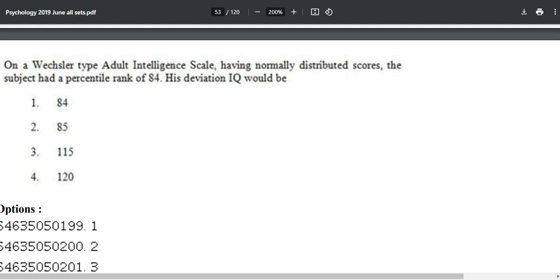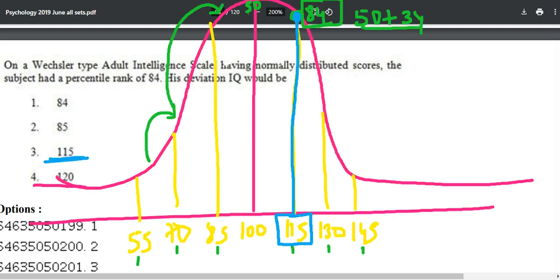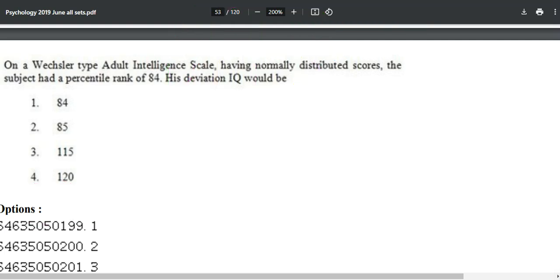So the correct answer will be 115. If I say percentile rank of 98, then we will add 84 plus 14, because 14 is written over here, so it will be 130, and you can do it for 16 as well, and for 2 as well.